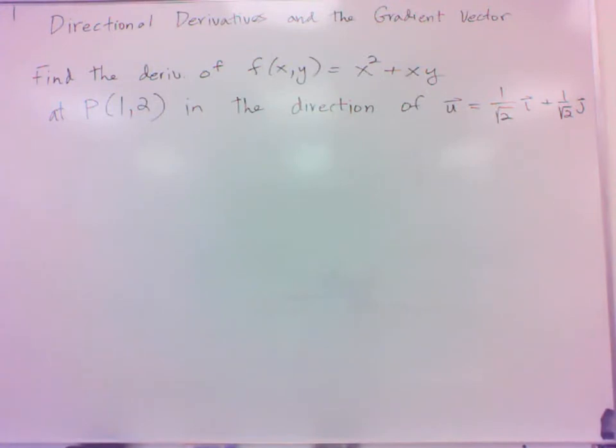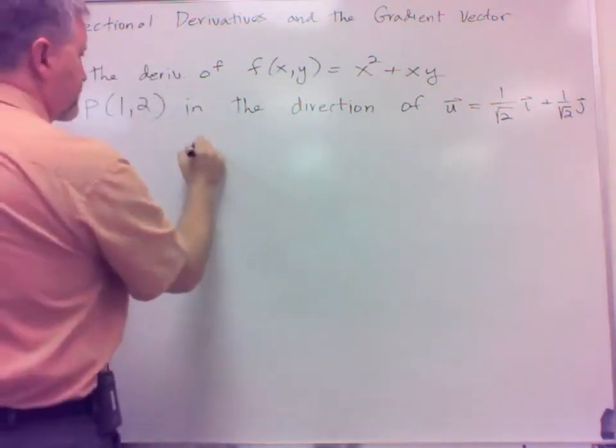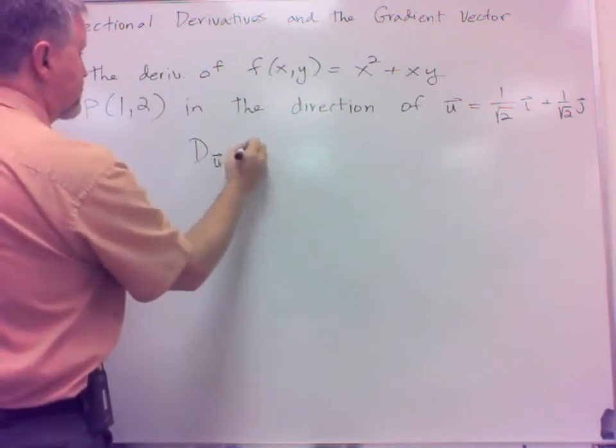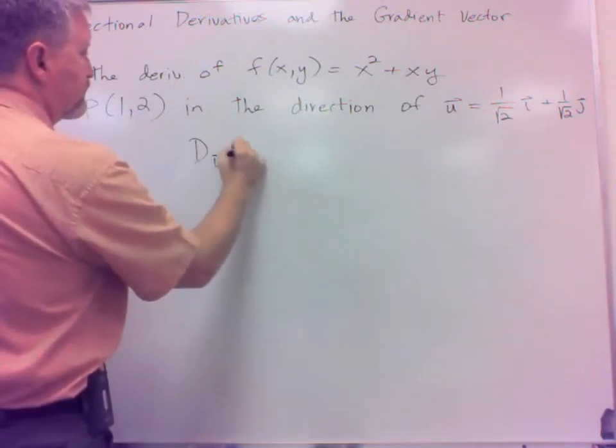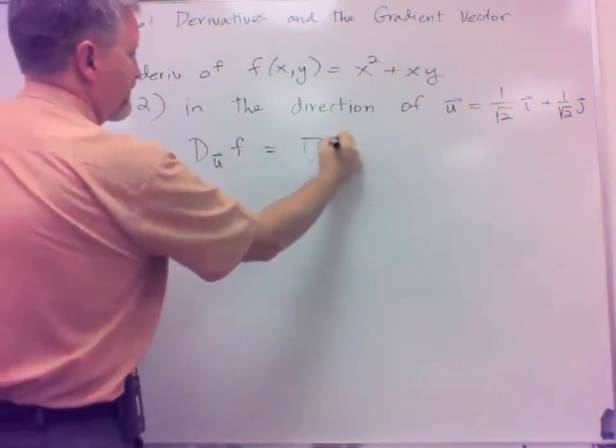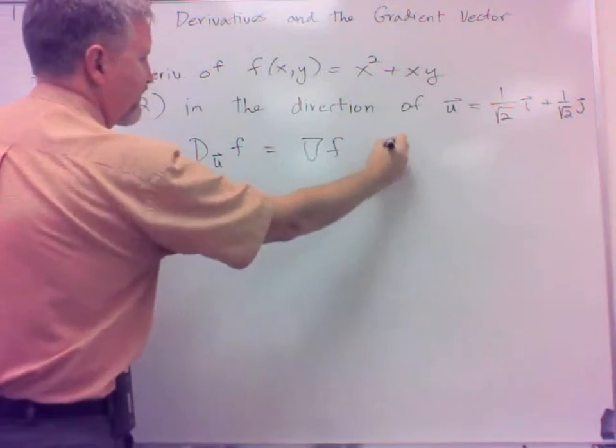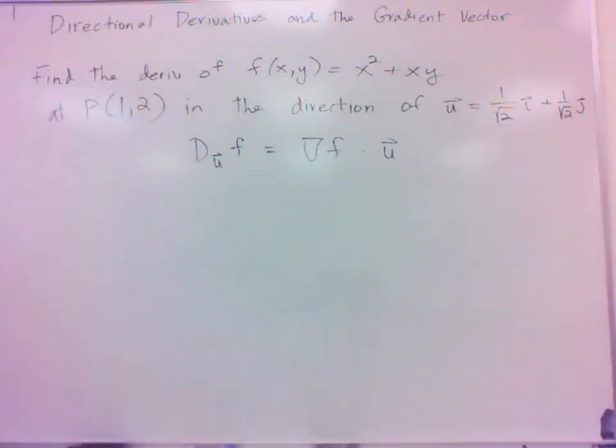Okay? All right. Well, what do we need? We need the directional derivative. And so we know that the directional derivative is the gradient vector dotted with the unit vector. Okay, so we need that gradient vector, don't we?